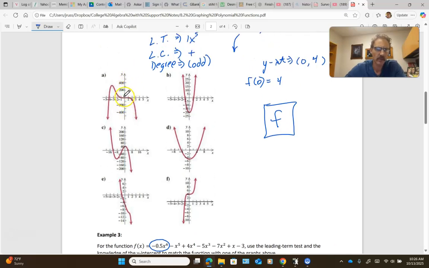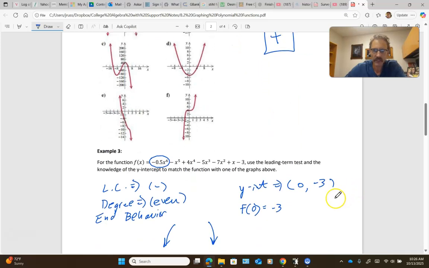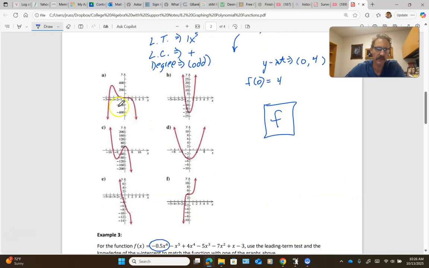And you may say, well, how can we tell if it's crossing at negative 3? Well, it's hard to tell because the y-axis here, in order to actually see all of this graph, has been condensed a lot. In fact, you can see that each increment is an increment of 100.